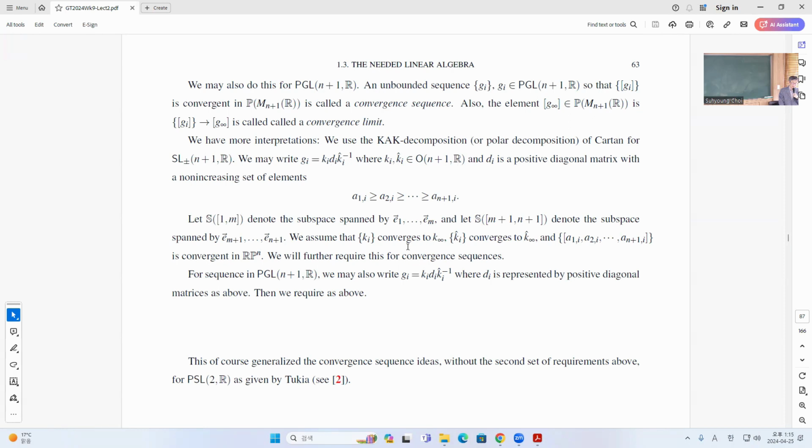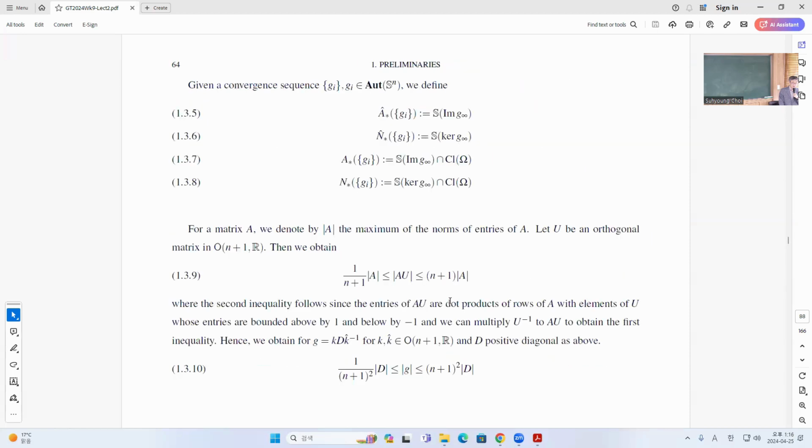Then we can assume K_i converges to K infinity and K_i hat converges to K infinity hat. And this is convergence in RP^n, so you can assume that. Then you can write like this for the PGL(n,R) case. And for a convergence sequence, we can also define the A hat and N hat like this.